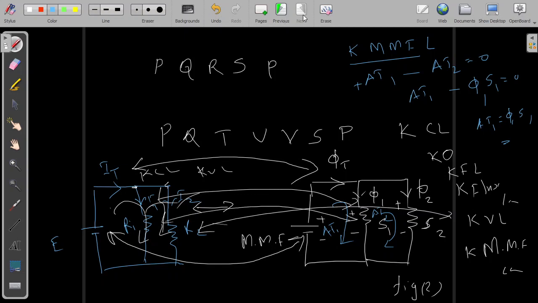Similarly, you can apply Kirchhoff's current law in a magnetic circuit. That is Kirchhoff's flux law.